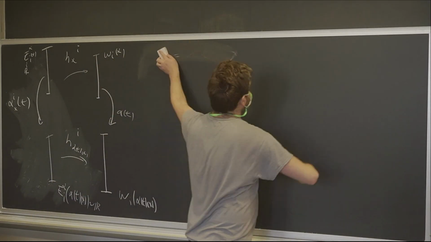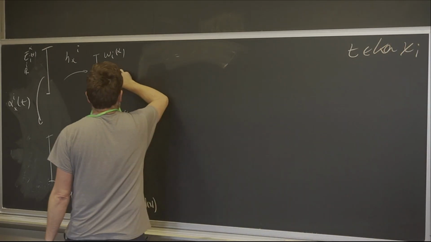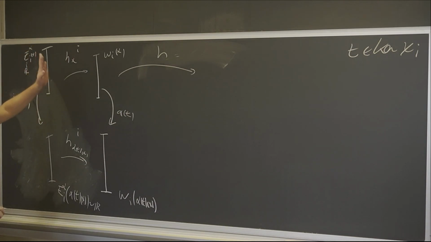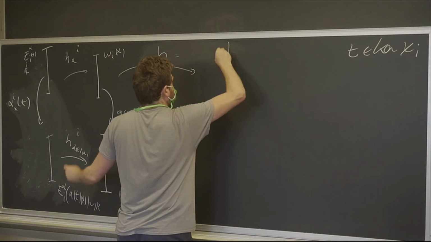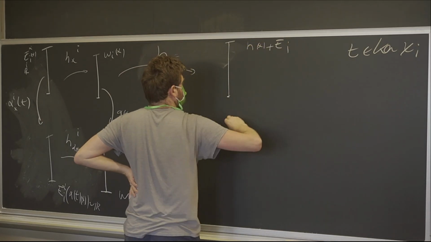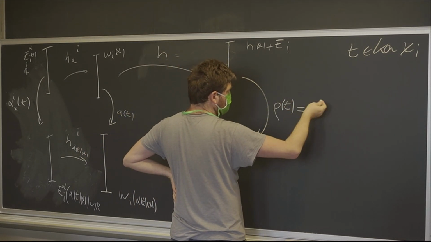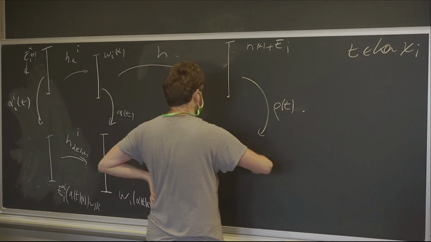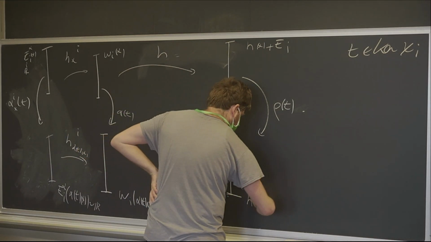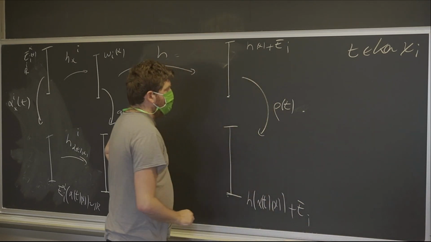Let's put this a little bit further. t in the kernel of chi_i. And we have the conjugacy H, which is a fixed Hölder continuous conjugacy independent of points and anything, which will be mapping this into h of x plus e_i. We have here rho of t, which maps into h of alpha_t of x plus e_i.